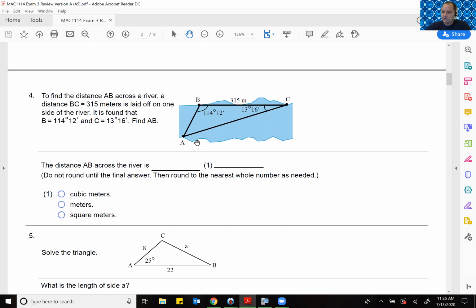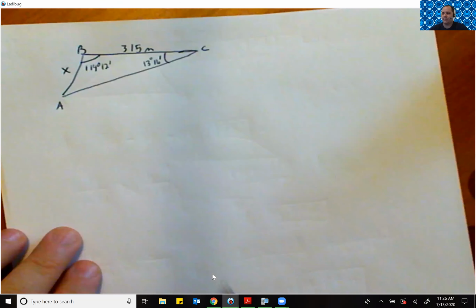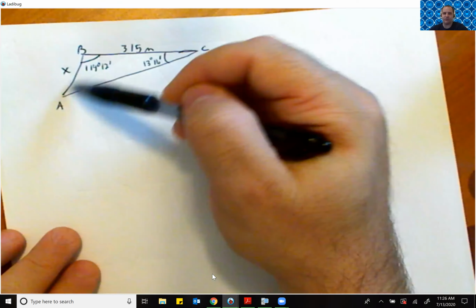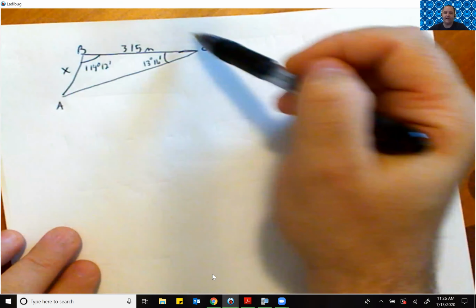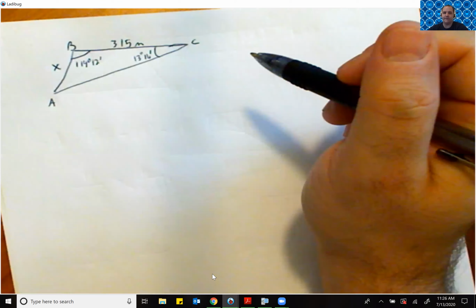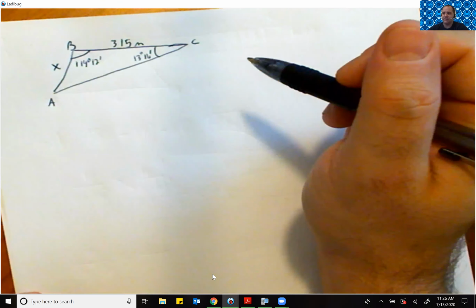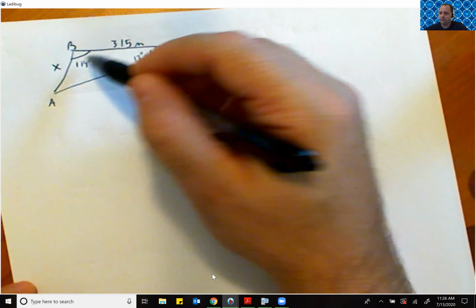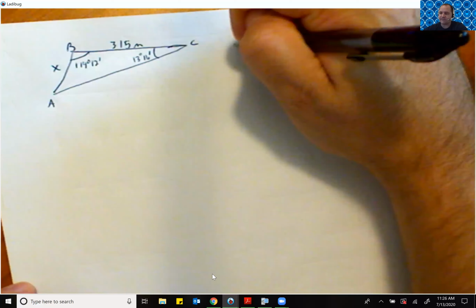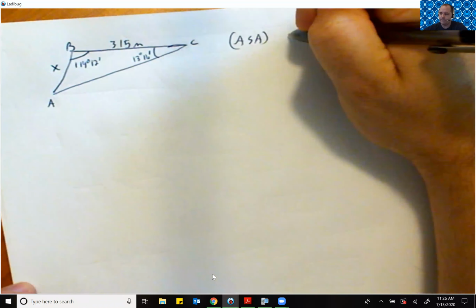B, C, A. And they want us to find the length from A to B. Okay? All right. So this is what you're looking at. They want the length from A to B. This is that picture. So we'll definitely use law of sines here because this is angle, side, angle. And you use law of sines for angle, side, angle.